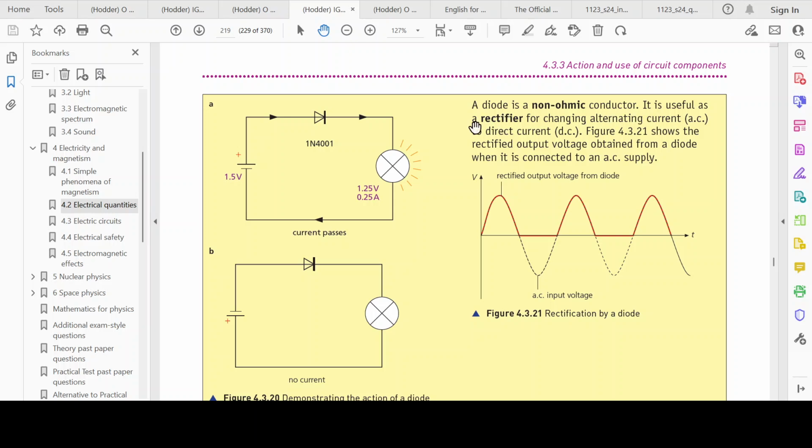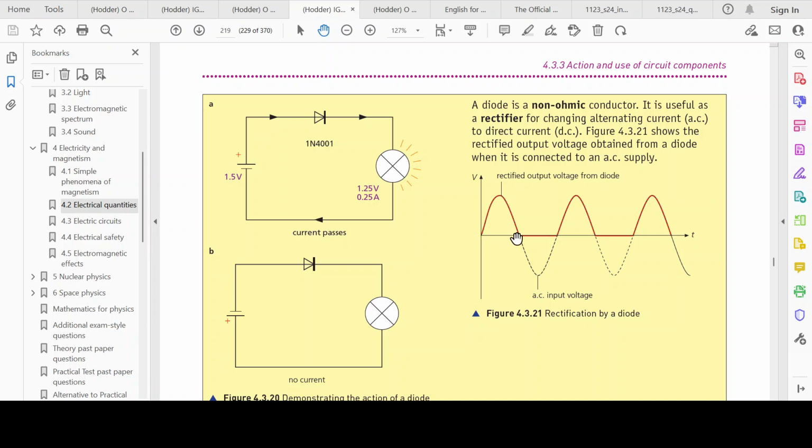It is useful as a rectifier for changing alternating current to direct current. So this is alternating current, and it doesn't let it alternate to the other side. It just keeps it flowing in one direction. We know with alternating current the direction changes, and so we get this wave-like pattern for its voltage.